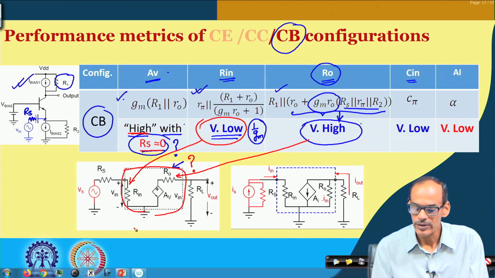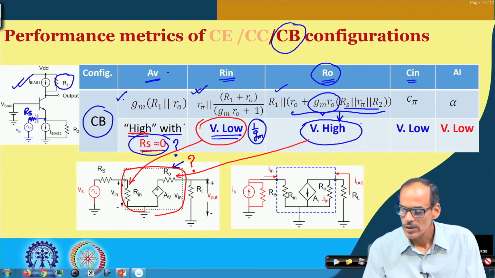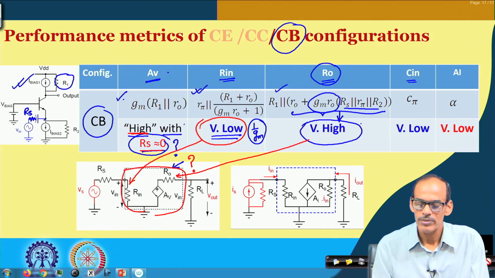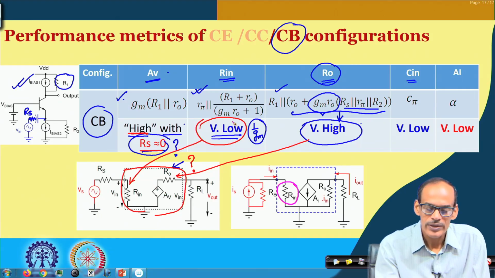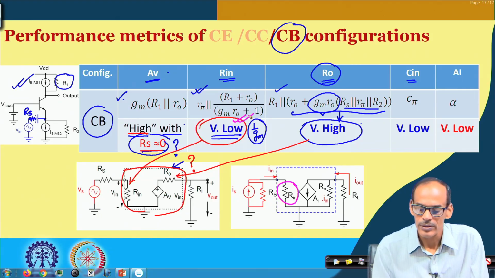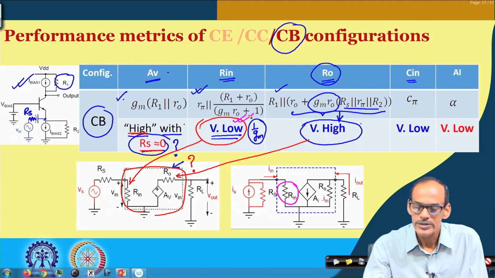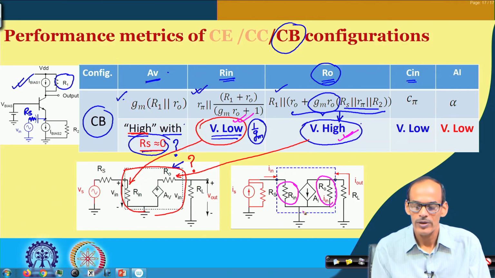But if you see the current mode amplifier, on the other hand, it has some other interesting information. For current mode amplification, this R in is in fact in favor of that. And the same thing, the output resistance is very high, which is in favor of the current mode amplifier, where we are looking for R O to be as high as possible.